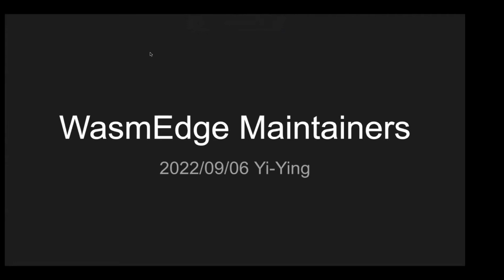In this section, we introduce the committers and the reviewers of the WasmEdge project. Let me talk about the history of WasmEdge. We started the WasmEdge project about 3 years ago. At the time, there were several Wasm runtimes like JavaScript V8, WasmTime, or WasmEdge. In the beginning, WasmEdge was a small project, right?